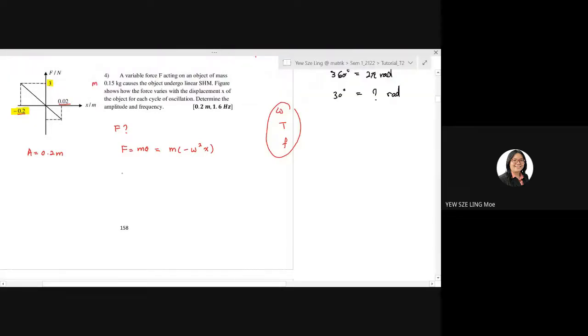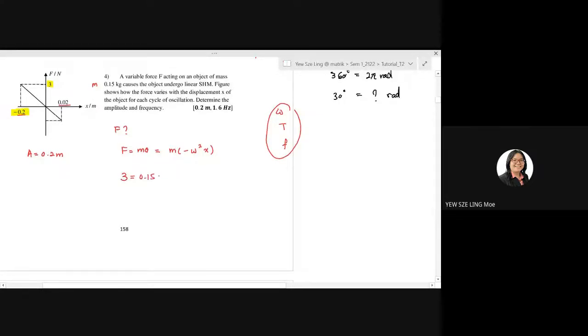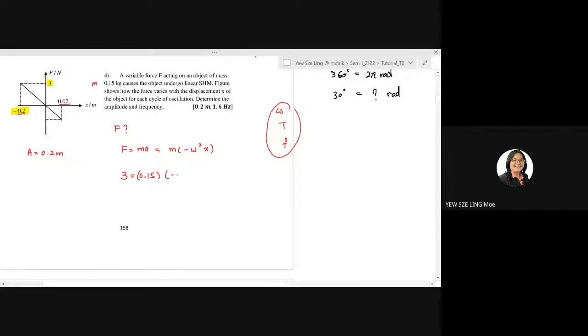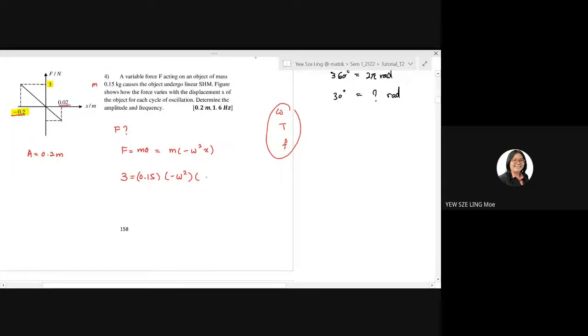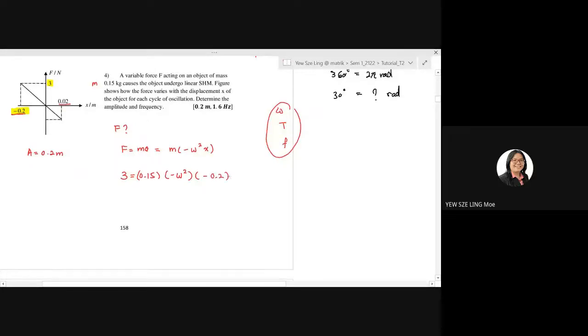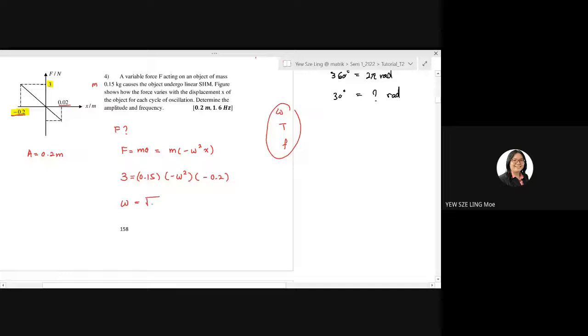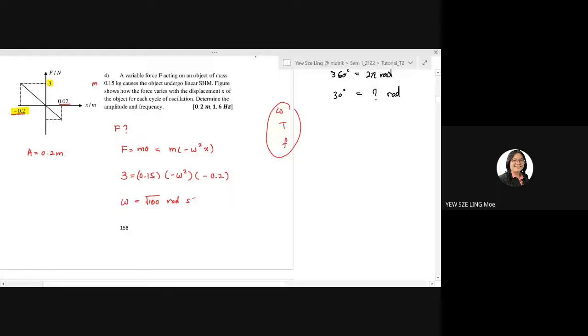F is 3 Newton, equal to m, 0.15 kg, times negative omega squared, which I'm going to leave, times x. This 3 Newton happens at x equal to negative 0.2. So I substitute negative 0.2 here. Rearrange the equation, I obtain omega equals square root 100 radian per second.